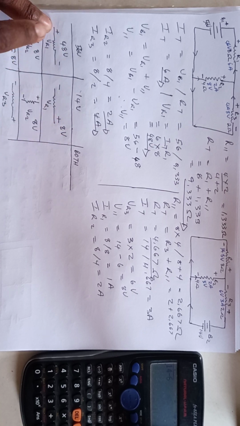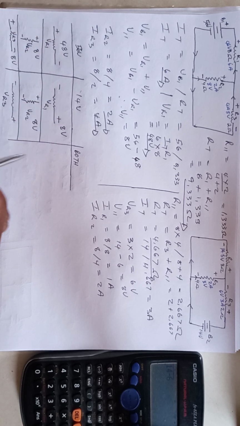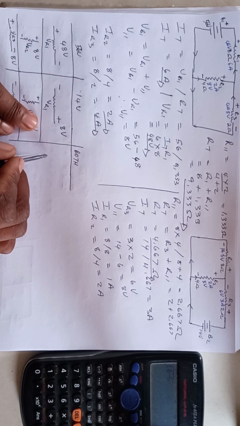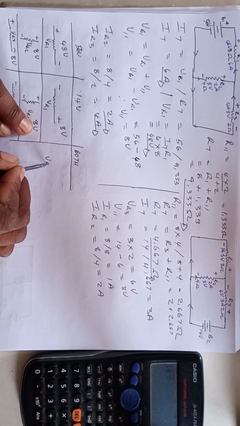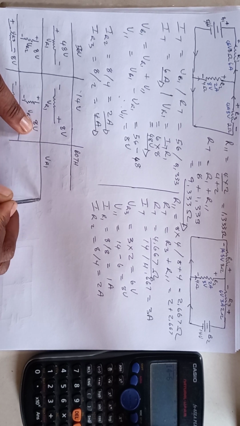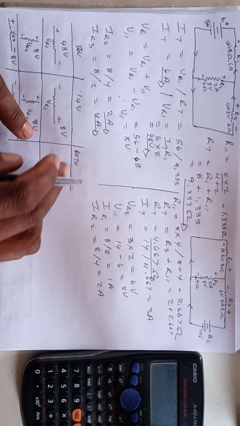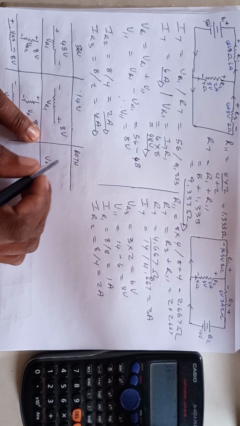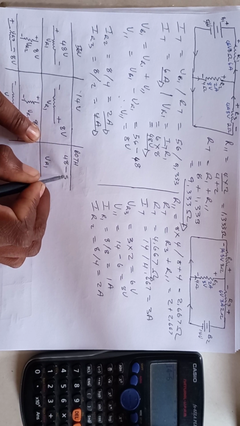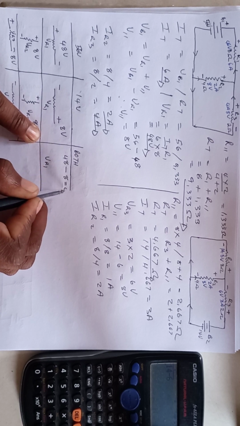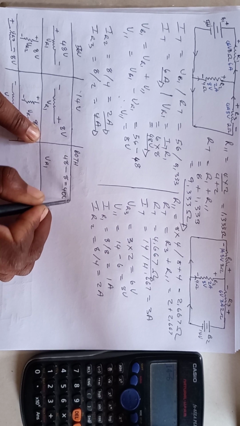So now that we have positive and negative, negative and positive, for us to get the voltage across resistor 1, when we are using both cells, we will have to say 48 minus 8, and this would be 40 volts.